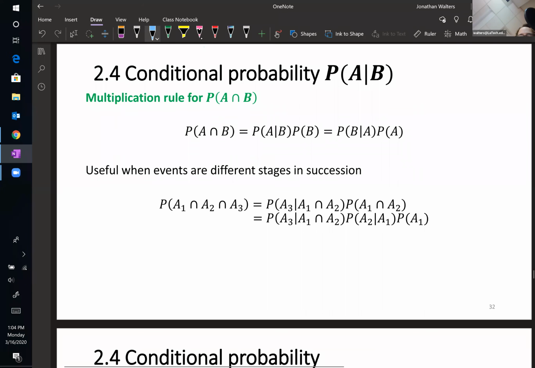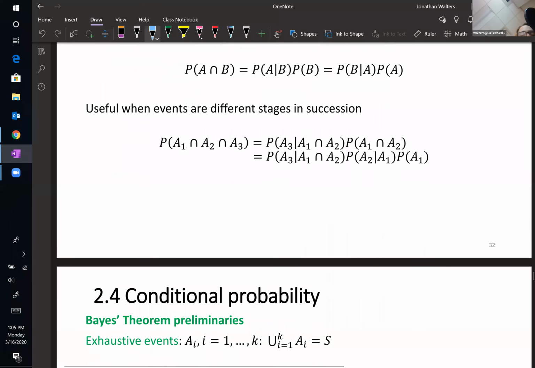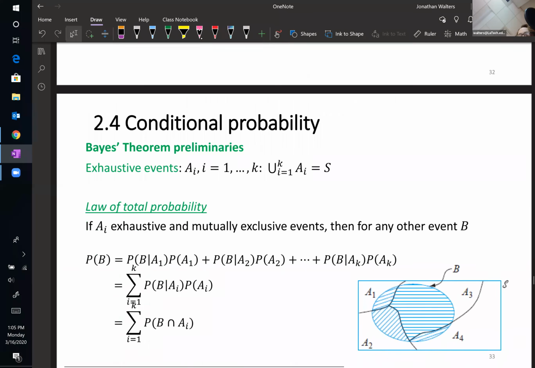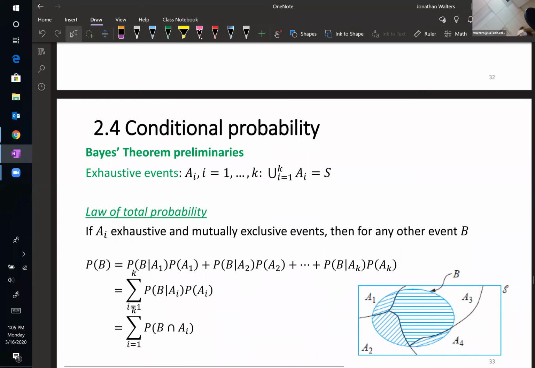Well, A2 intersect A1 is probability of A2 given A1 times probability of A1. So if A1 occurs first, you can find this probability if you know these conditional probabilities, which you generally do. You know what percentage of people have the disease given that they tested negatively for it.